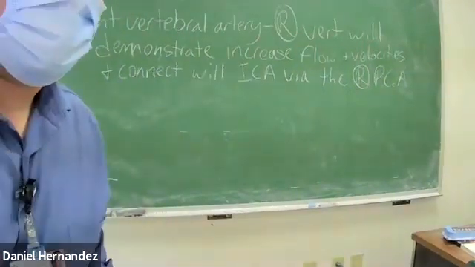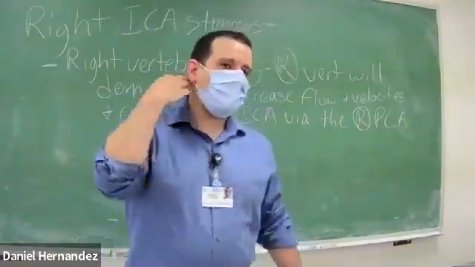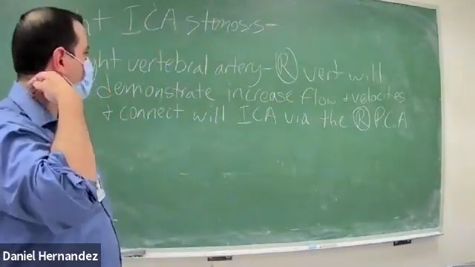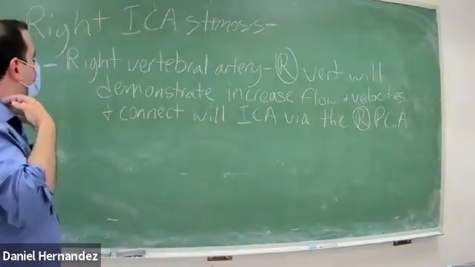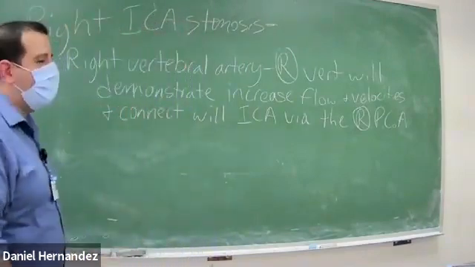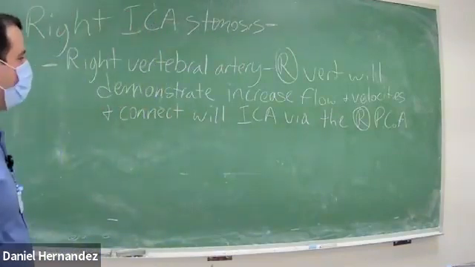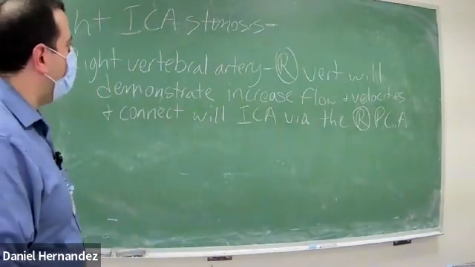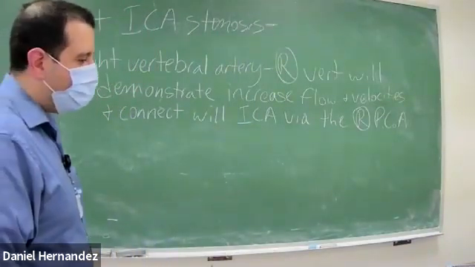So with occlusion of the right ICA, the vertebral artery on the same side is going to increase its velocity and flow volume to compensate for that blockage in the right ICA. And it's going to be able to get to that right ICA and feed that portion of the brain via the right posterior communicating artery. So again, this is another collateral pathway if we have a right ICA stenosis.